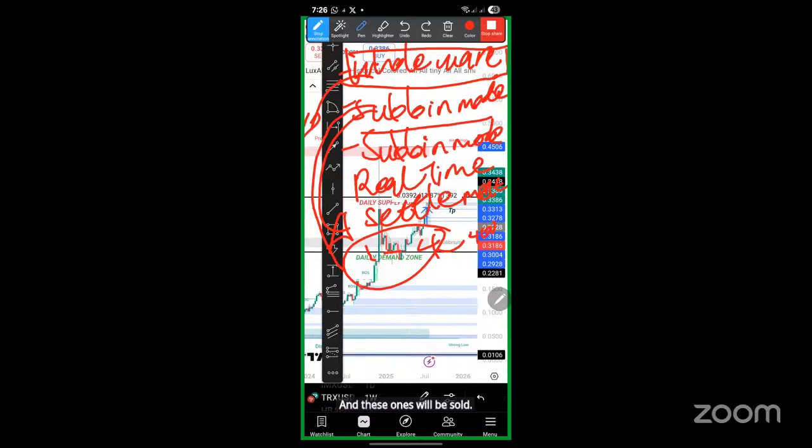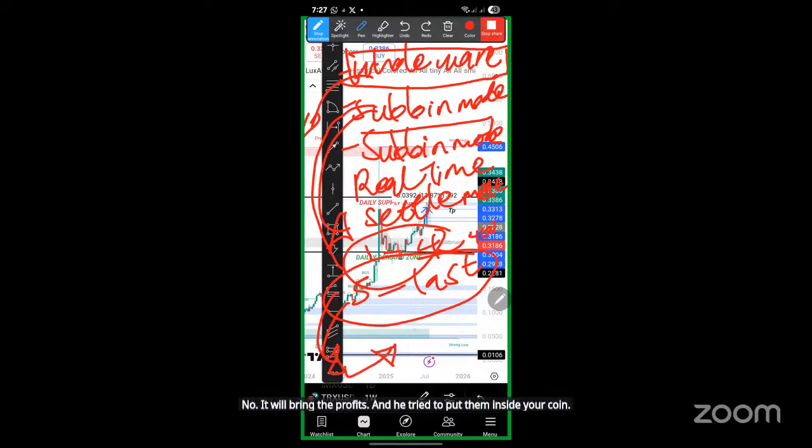The last ones, from 5 to the last, will be sold separately, but the money will not be given to you. It will bring the profits and put them inside your coin to bring the average price closer to the current price. That is sub-bin mode.